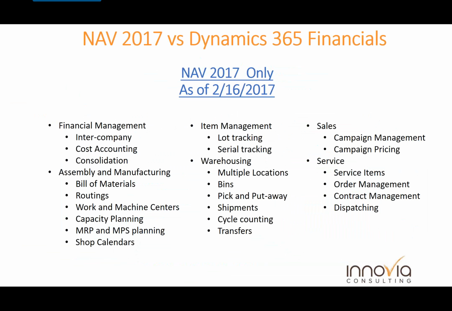So 2017 NAV gives you bill of materials, routings, work centers, machine centers, all your capacity planning, your MRPs for generating work orders, for generating production, for doing transfers, all your shop calendars, the ability to go back and statistically analyze what was my cost, what were my times. All of those capabilities are built into NAV. They are not at this point active or used in Dynamics 365.